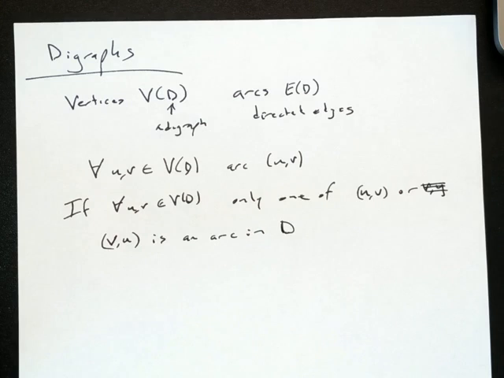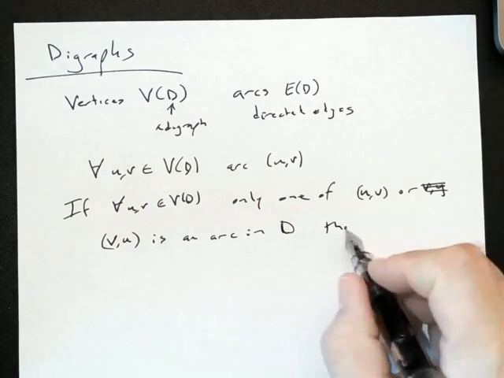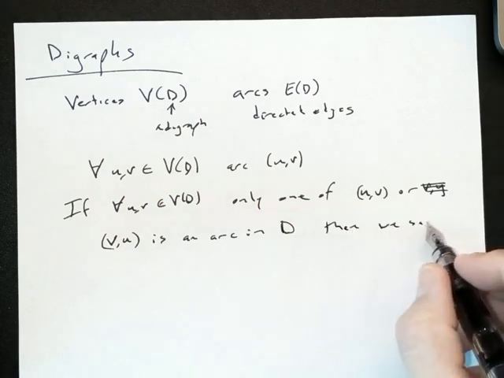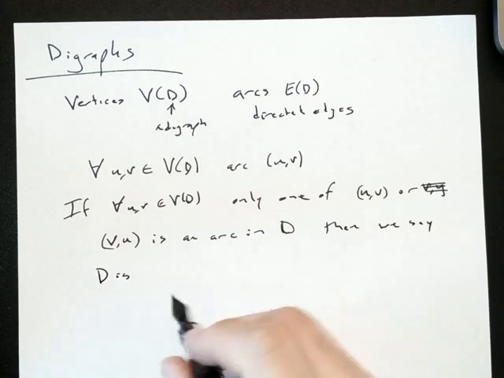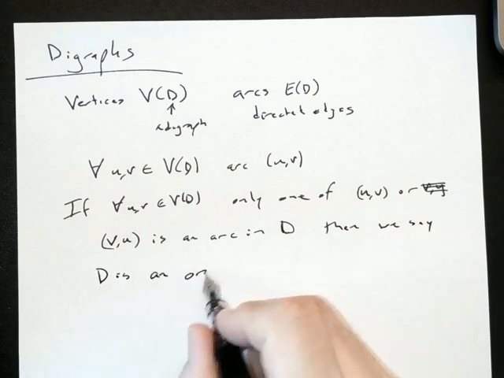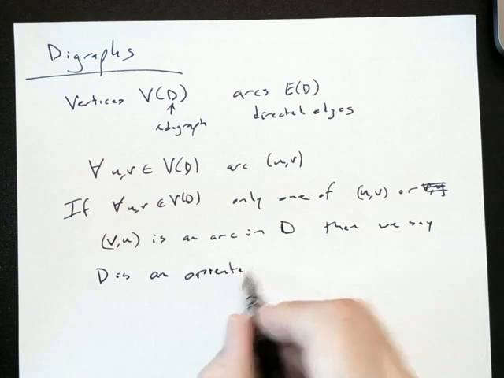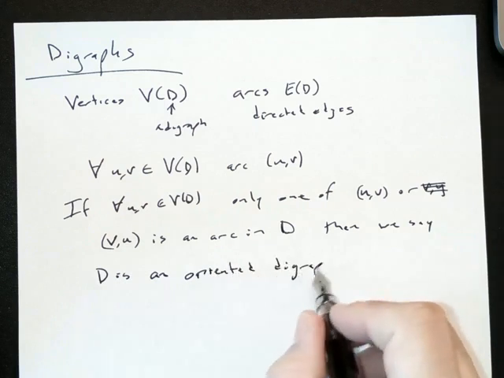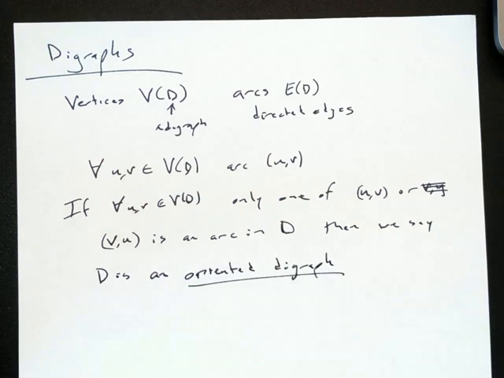We could have none of them, so those 2 vertices wouldn't be adjacent, but we have at most one. Then that's an orientation of my digraph. We call it an oriented digraph. Now I can take a regular graph, and put an orientation on it.